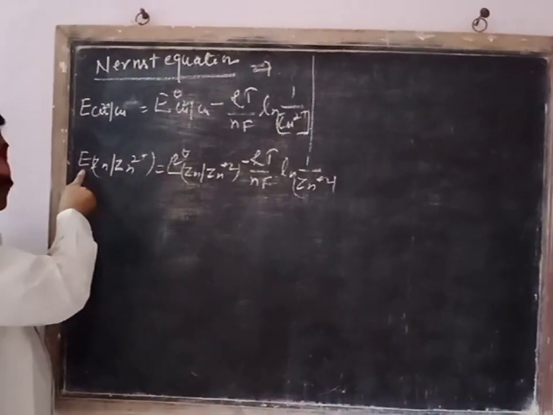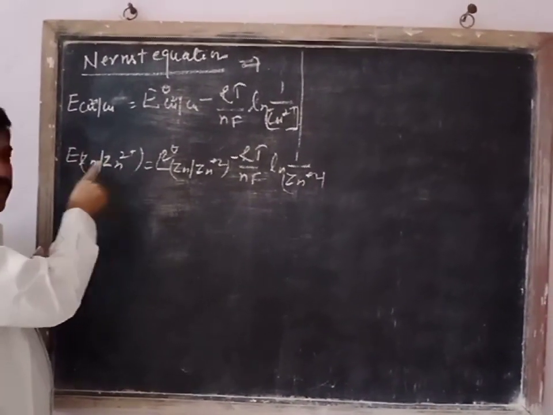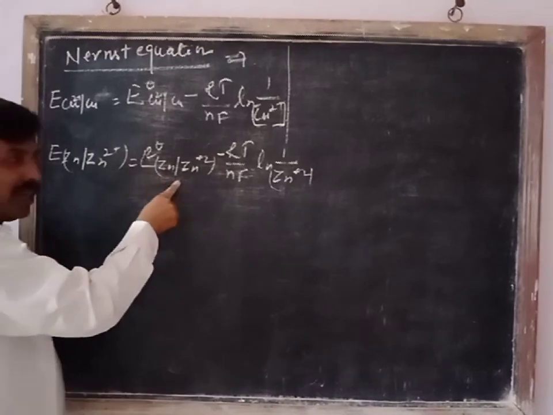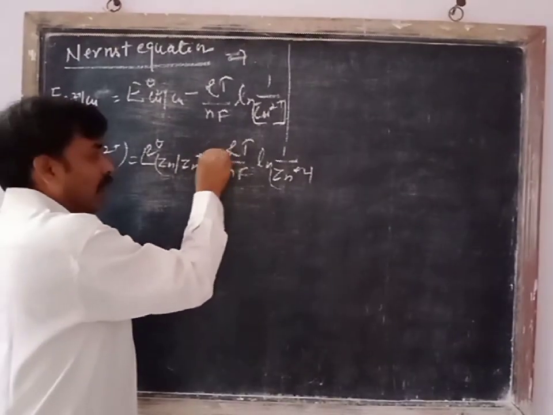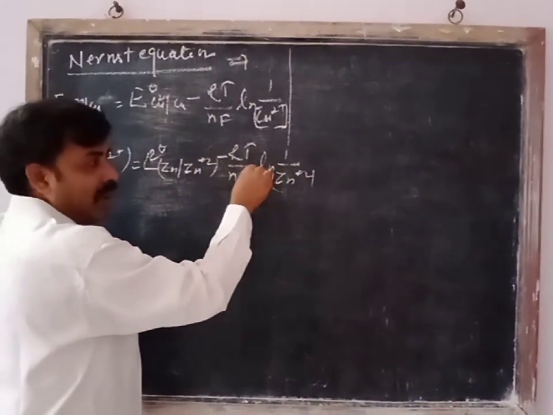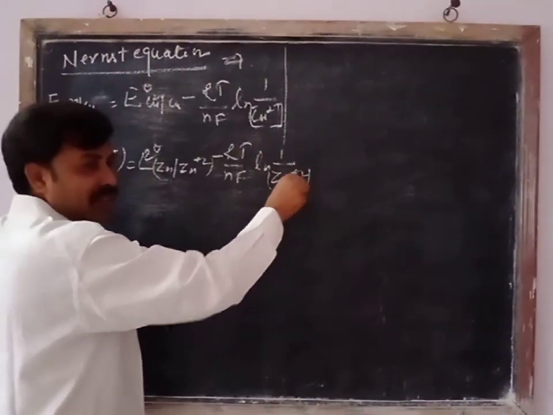Similarly, E(Zn/Zn2+), that is E anode, equals E° anode − RT/nF ln 1/[zinc ion concentration].